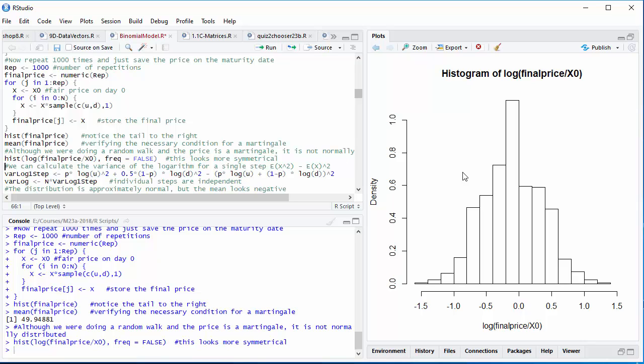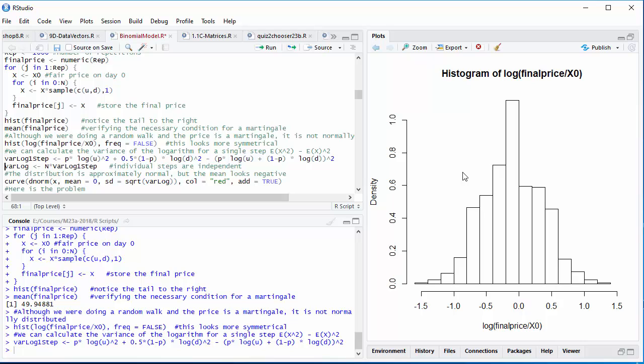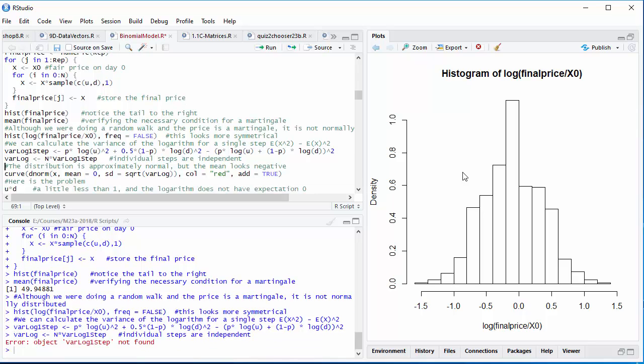I can compute on theoretical grounds the variance for a single step and then multiply by the number of steps, except put a lowercase v in here so that R is happy with this.